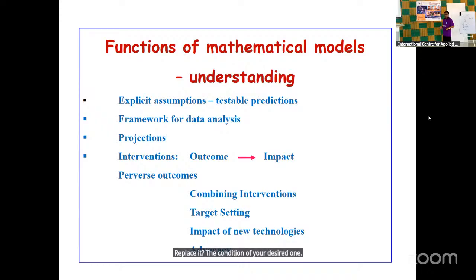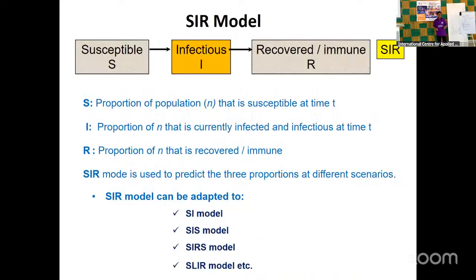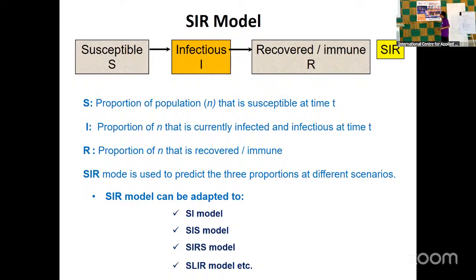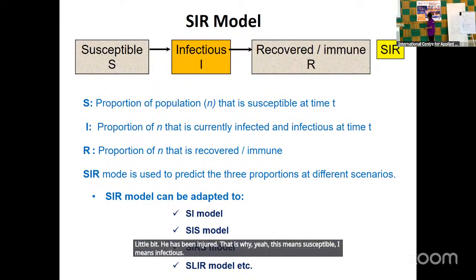Now, I give a little bit of introduction which has already been introduced by Professor K. That is SIR. A little bit he has mentioned. SIR: S means susceptible, I means infectious, R means recovered or immune.